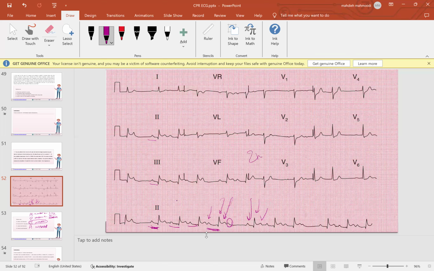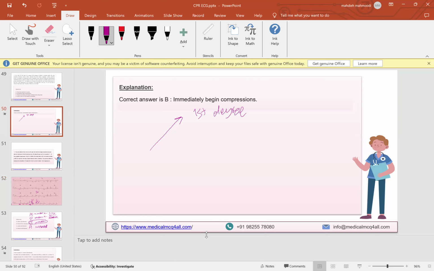Here are the differences. If you have only the first degree, you only have increased PR interval, but it's regular, everything is normal except this.